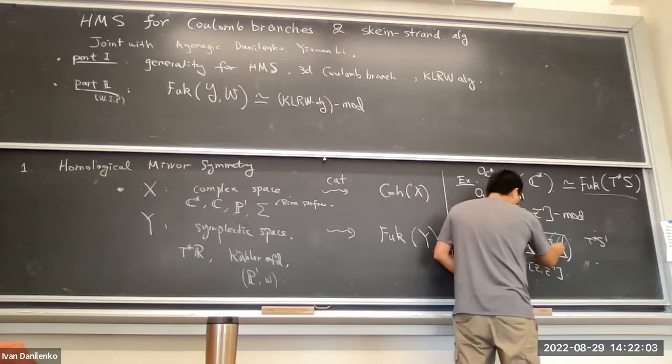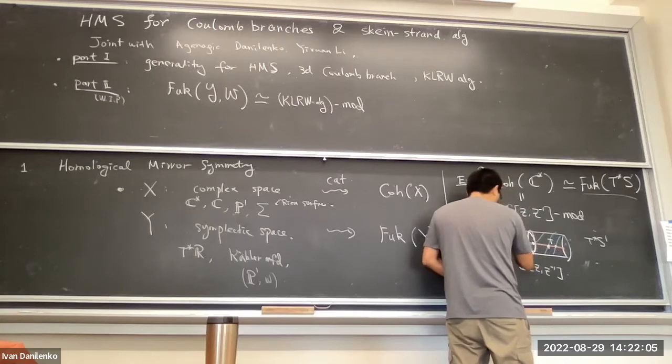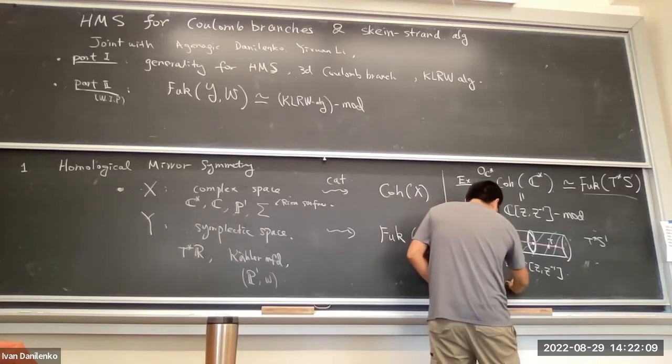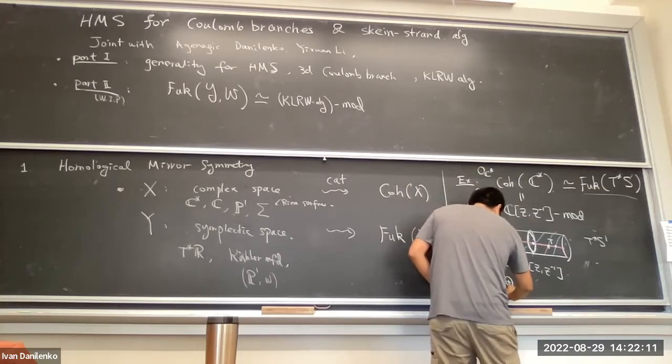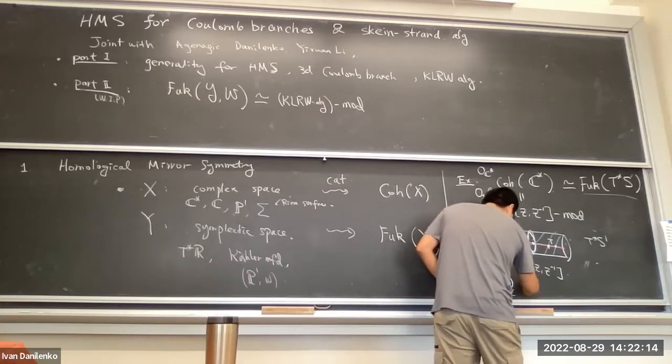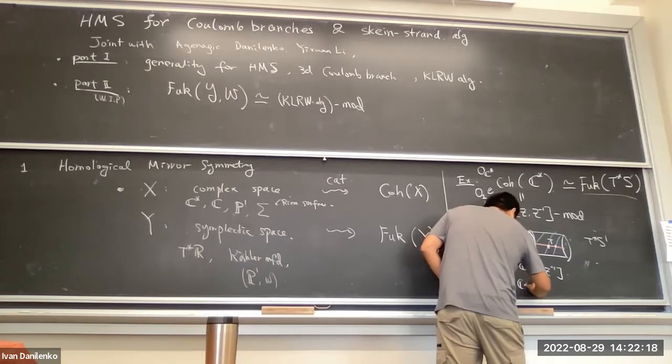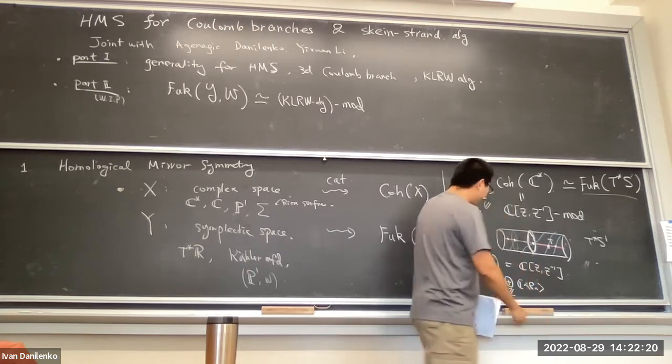So they're labeled by all the integer points, and this as a vector space is just summing up over all the intersection points.